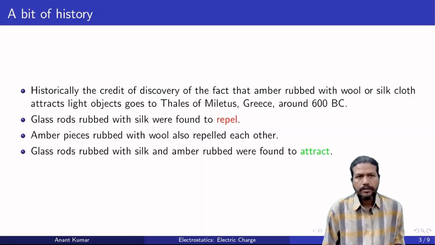However, a glass rod which was rubbed with silk cloth and an amber rod which was rubbed with wool were found to attract. Now we shall see exactly why this situation arises later on.